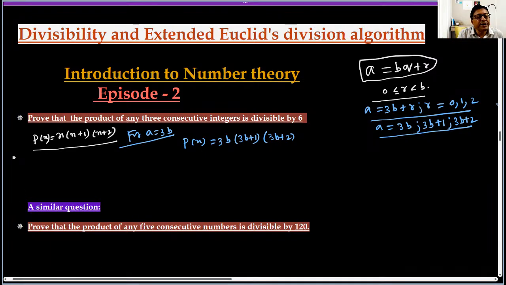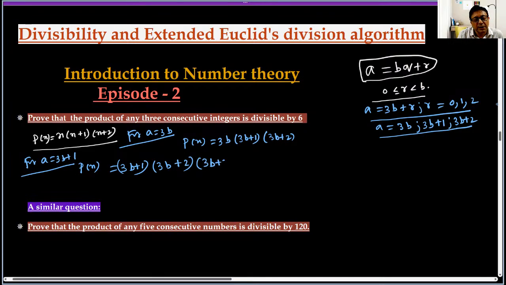And for a equal to 3b plus 1, Pn is going to be what? 3b plus 1, 3b plus 1 plus 1, 3b plus 2, and this is 3b plus 3. Take 3 as common. It will be 3b plus 1, 3b plus 2, b plus 1.